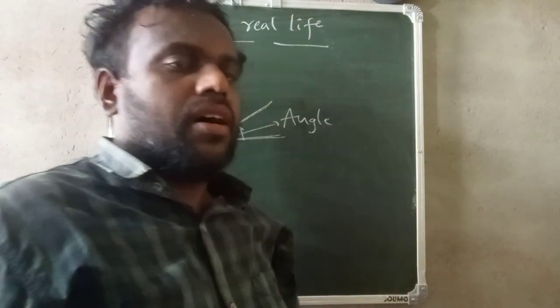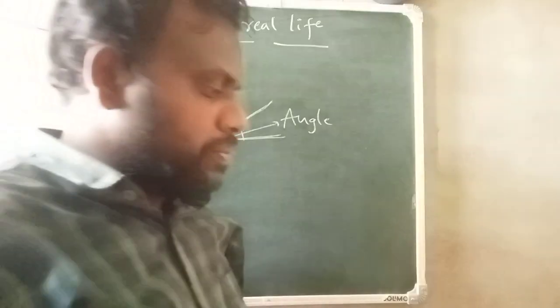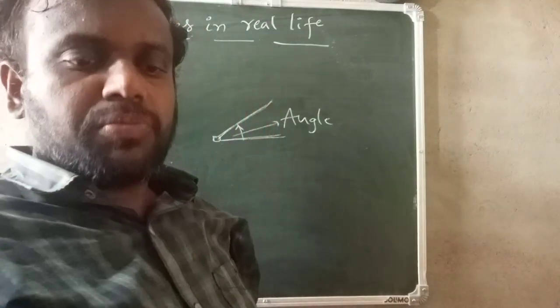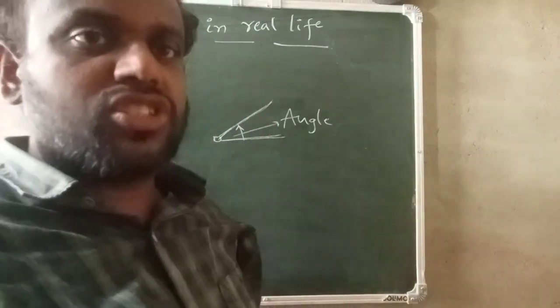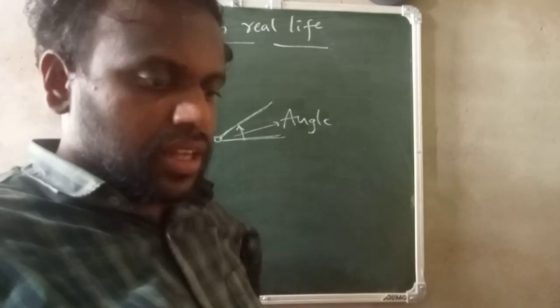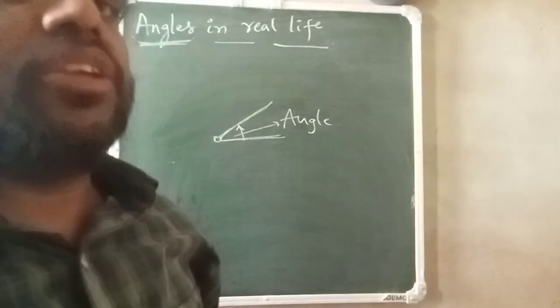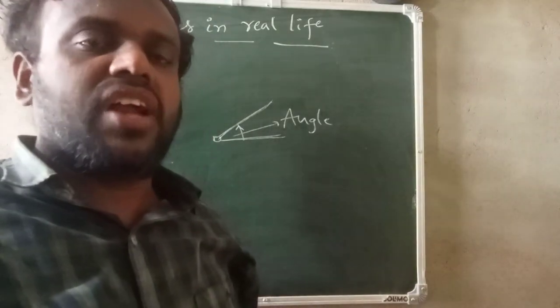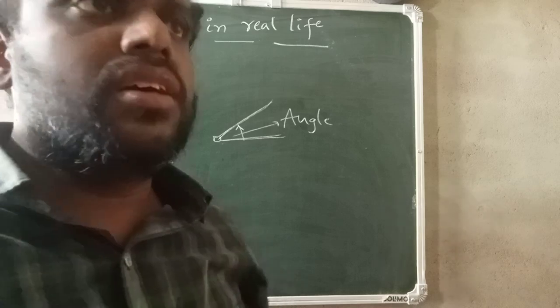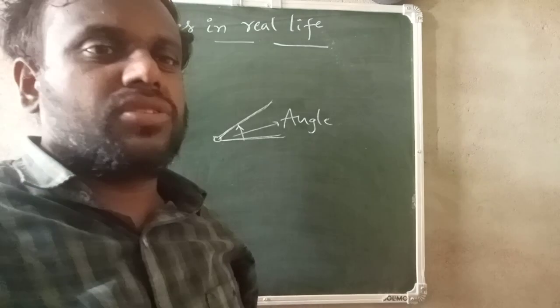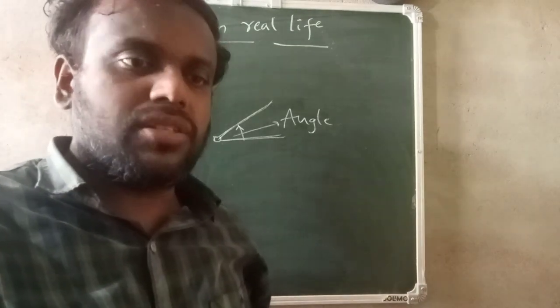Yes, there are many real life examples. As of now, I don't have that many real life objects with me. Just understand the concept: what is an angle? You can see many things in real life where an angle is formed.